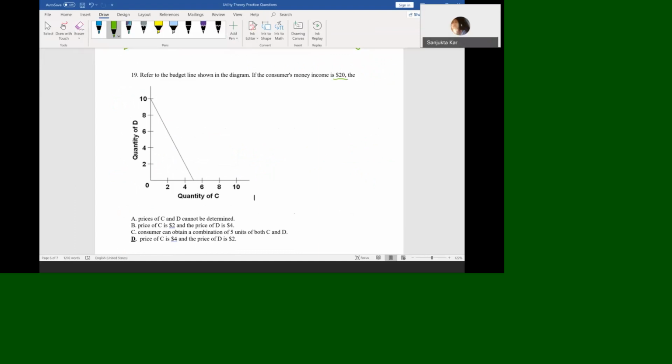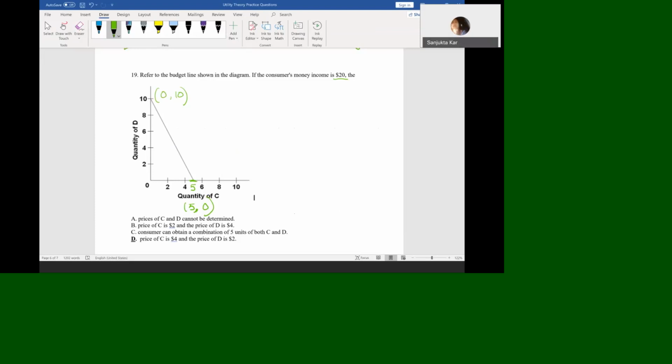This one is 5, this one's 10. This point shows the consumer is spending all his money on C, buying 5 units of C and 0 units of D. This one, the consumer is purchasing 0 units of C and all 10 units of D.